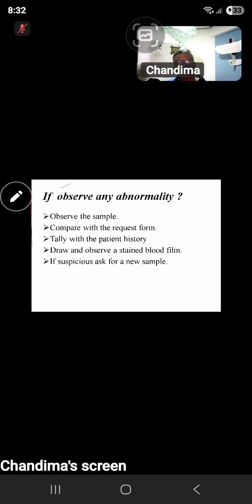As an MLT, you should be able to observe a blood film and report what you can see in the full blood count. If you see hypochromic microcytic cells, whether or not they are part of the blood picture, you write it. The film shows hypochromic microcytic cells.